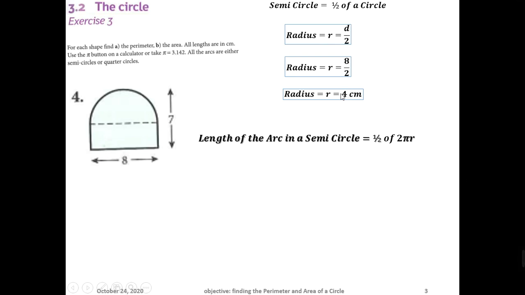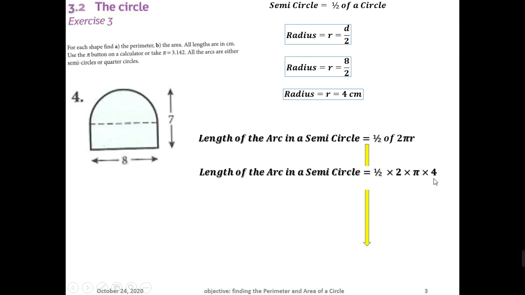Since we came to know that the radius is equal to 4, and after we wrote that general formula for the length of the arc in a semicircle, the next step is substituting in this general formula, which is going to be half times 2 times pi times 4.